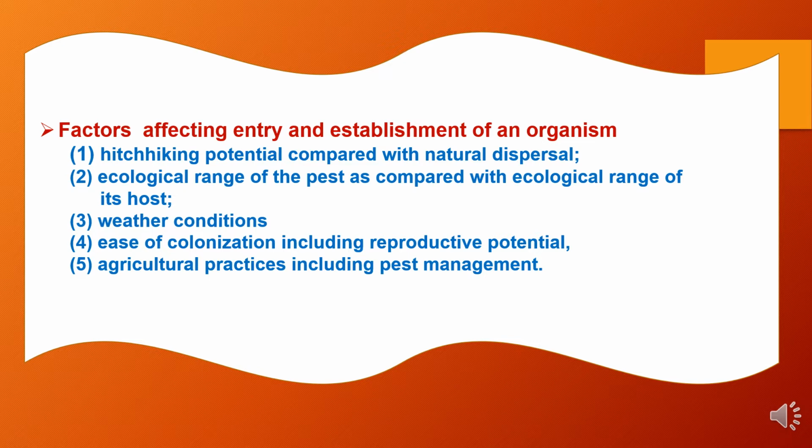So the spread of a pest will depend upon the host's availability. Third, weather conditions, which affect the suitability of any insect or pest to survive in a new location. Fourth, ease of colonization including reproductive potential. And fifth, agricultural practices including pest management by the farmers in the respective areas.